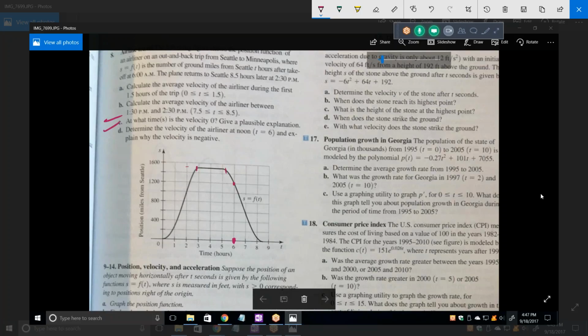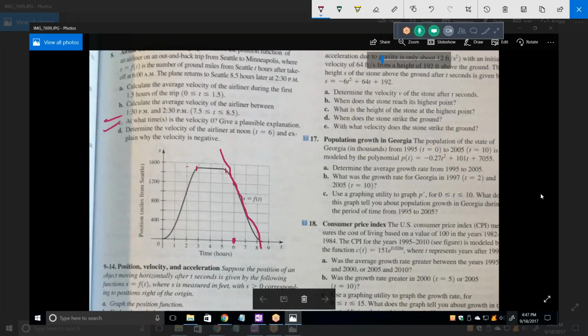But we're talking about a tangent line that's going to look something like that, right? So if you had to estimate it, how would you estimate it? Find the average velocity, or find the slope of that pink line.